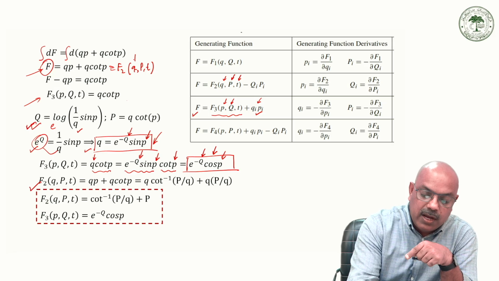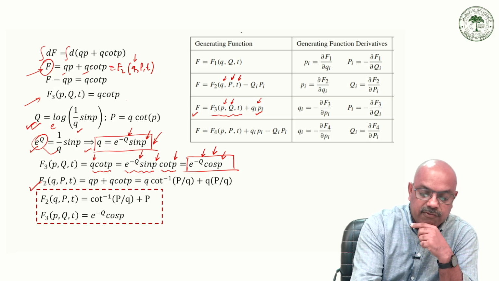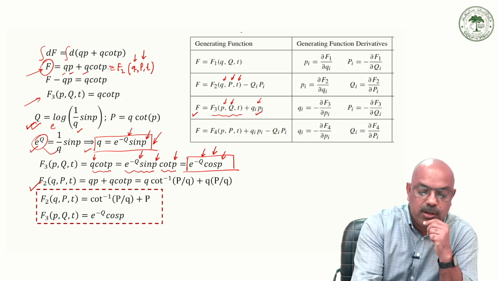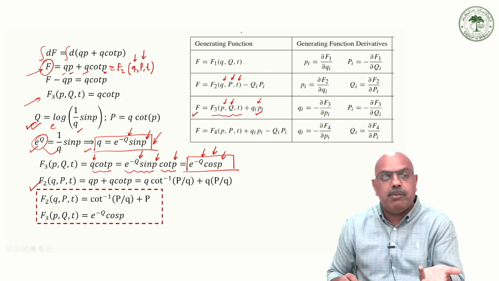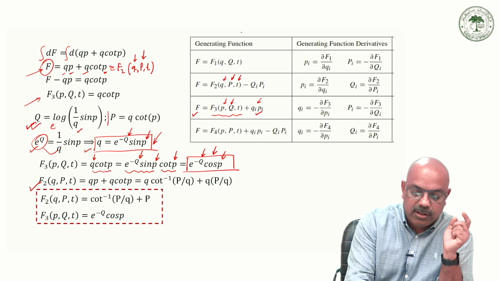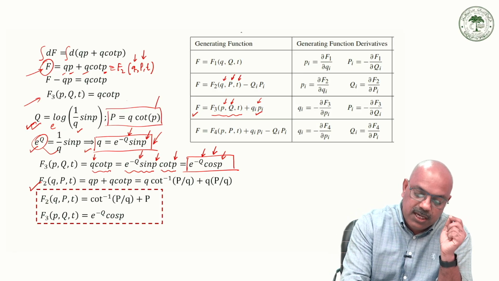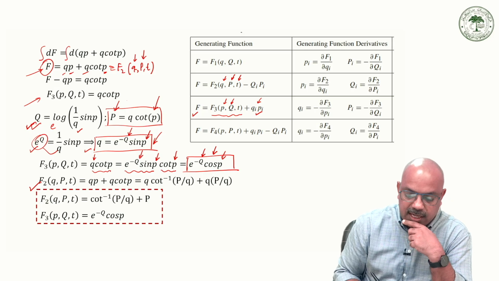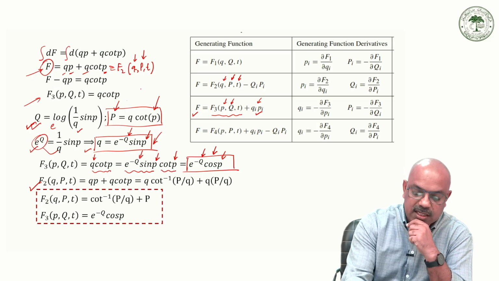So a small q I have here, but I don't have the capital P. Instead I have a small p. So I have to transform the small p into the capital P using the transformation equation, and that can be done on the basis of this, because this gives me the transformation from a small p to the capital P. So from this, small p is going to be the cot inverse capital P by Q.